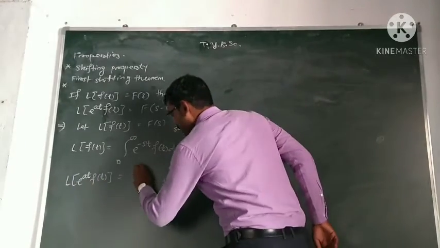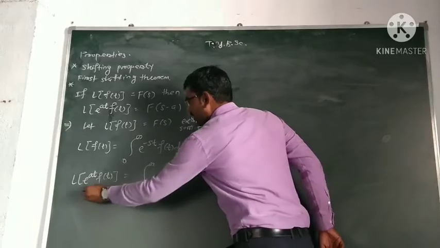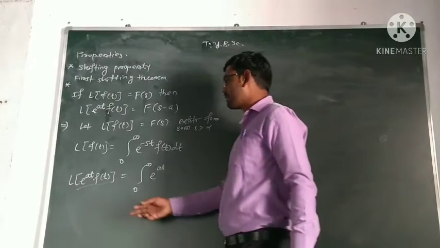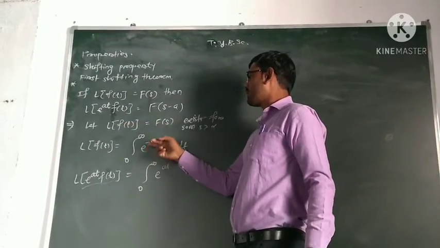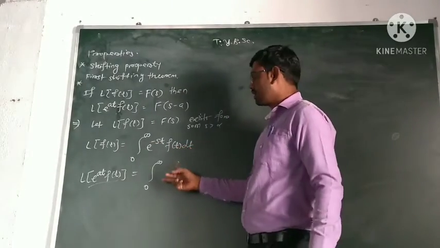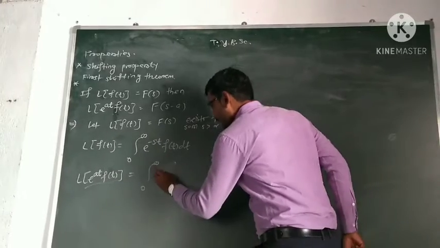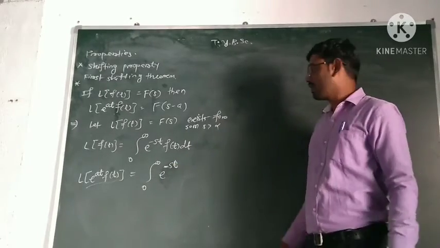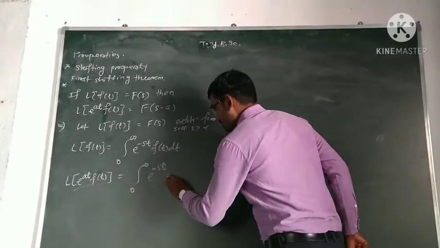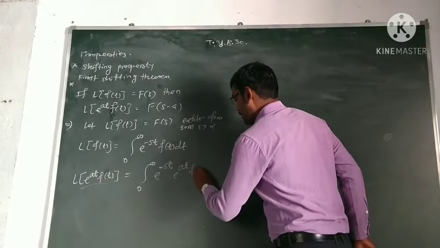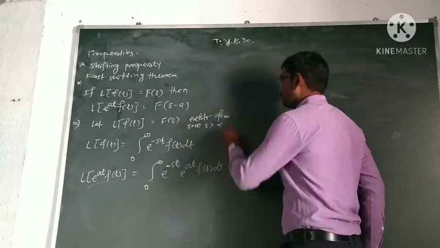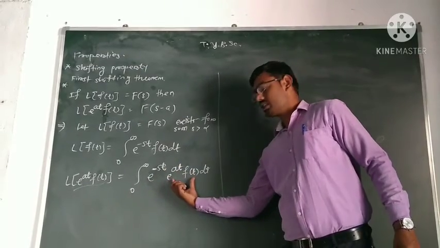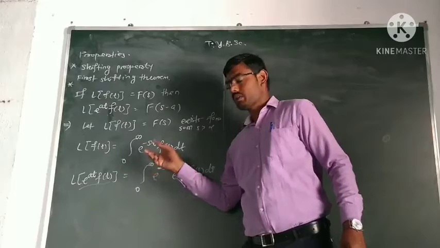So Laplace transform of this function is the integral from 0 to infinity of e raised to power minus st as it is, into the given function, e raised to power at f of t dt.